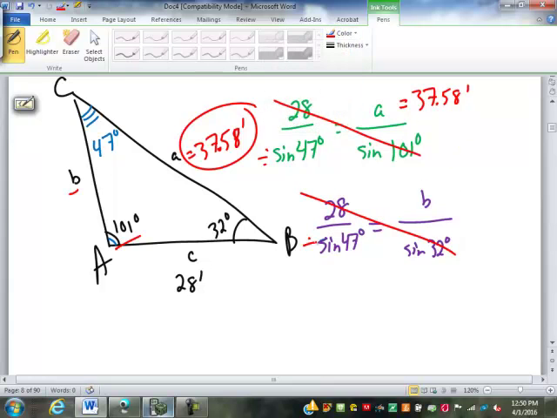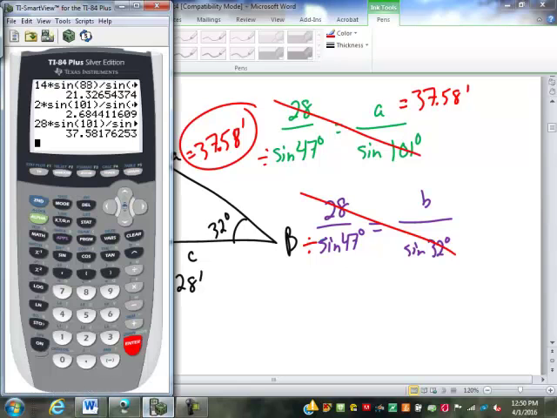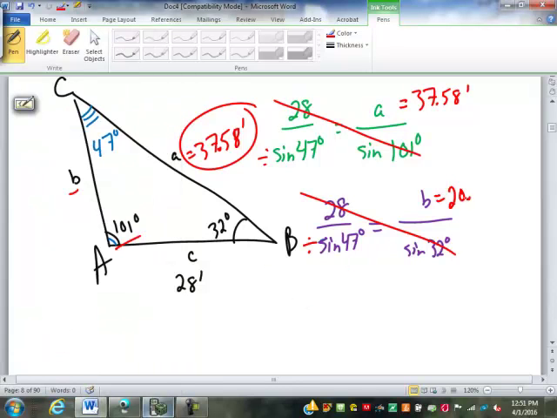So 28 times sine of 32 divided by sine of 47. 20.29. And yes, that is smaller than the 28, so that does all make sense.